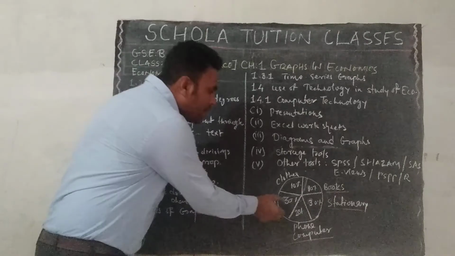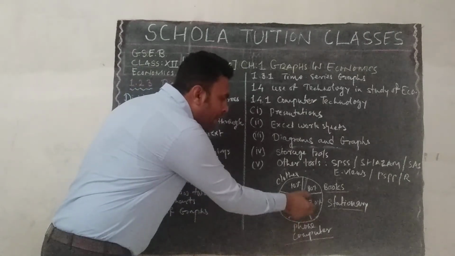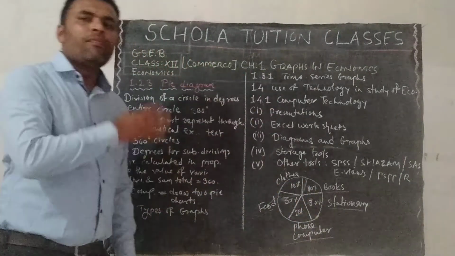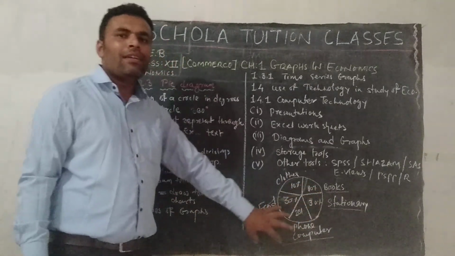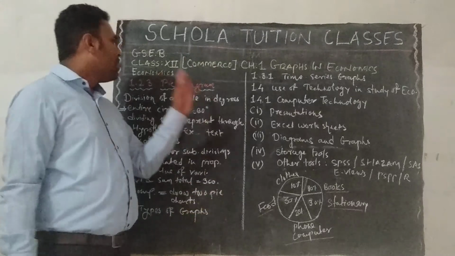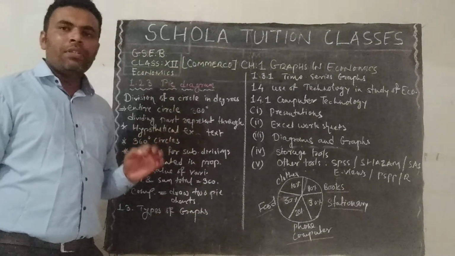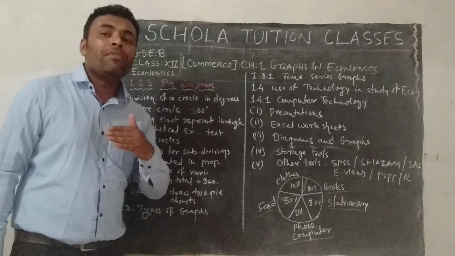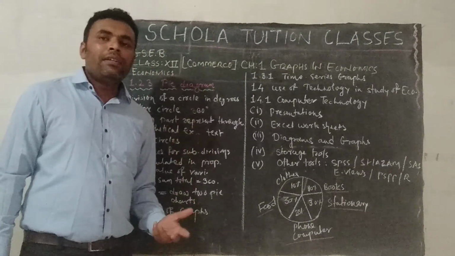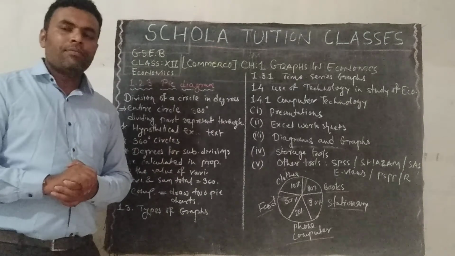So these subdivisional parts represent the whole pie chart, the whole 360 degrees. A pie diagram is very useful to represent more than one subdivisional part of particular information.